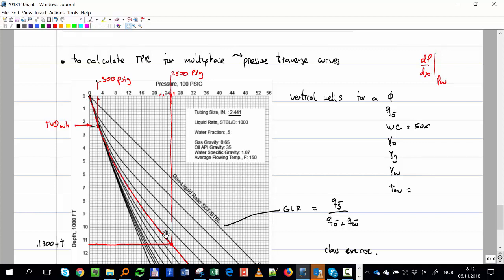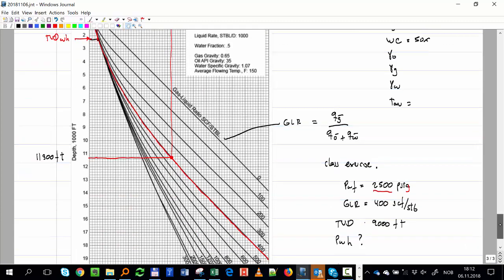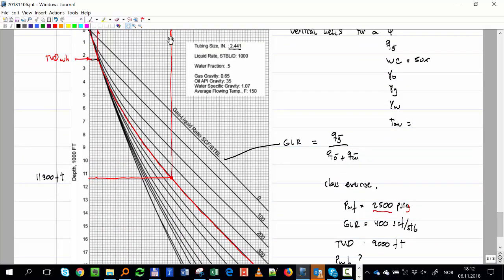So just to repeat, I come with the pressure that I have, bottom hole pressure. I find the line with the gas-liquid ratio that I have. I cross it vertically, and then I move to the left, 11,300 feet. That doesn't mean that our well has 11,300 feet, doesn't mean at all.